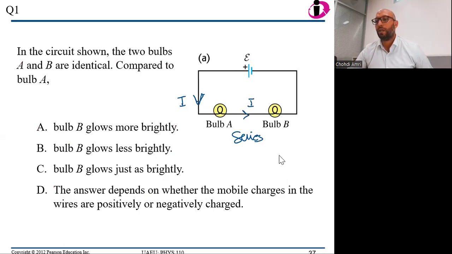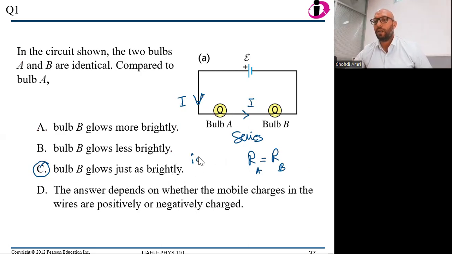And they are identical, so RA equals RB. With the same current, they have the same power. So light bulb B glows just as brightly as light bulb A, so they have the same brightness.